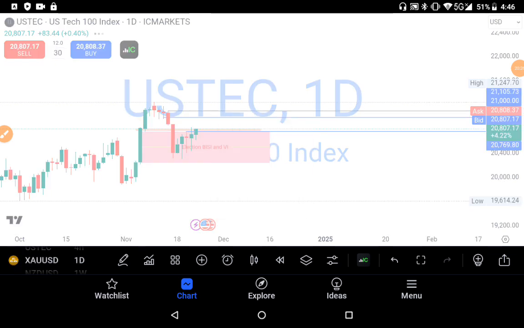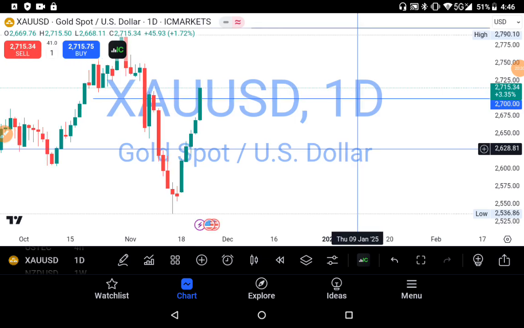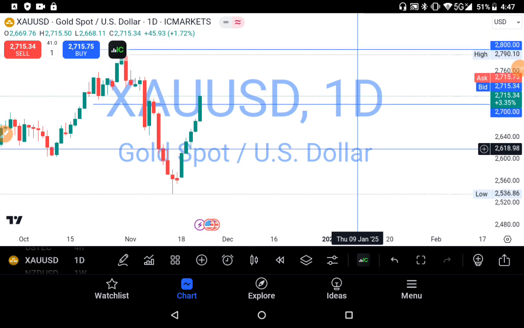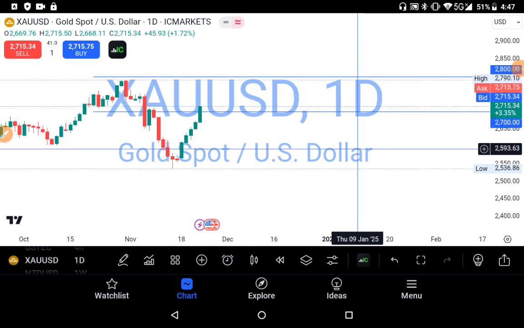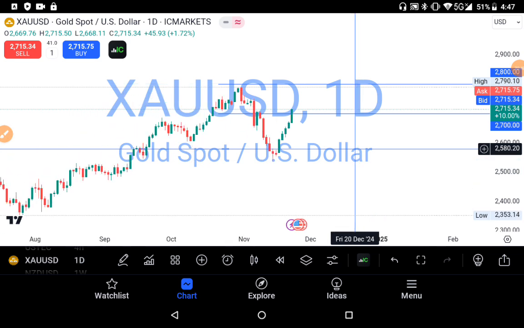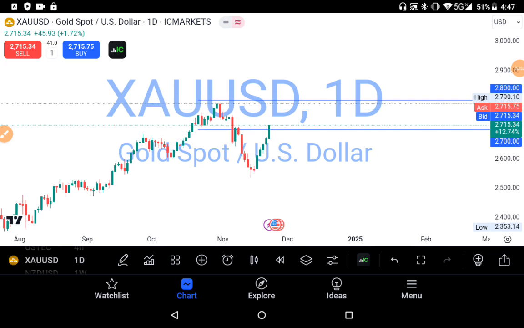Movement into our gold. Last week I was interested in, I think, 2,500 and 2,450. We couldn't see a movement downwards.